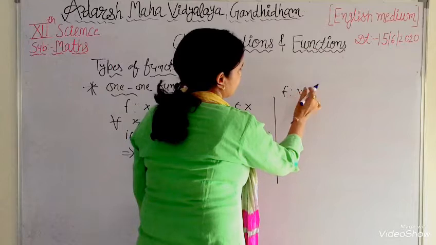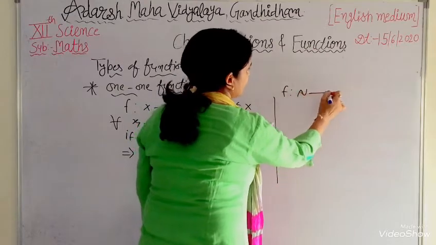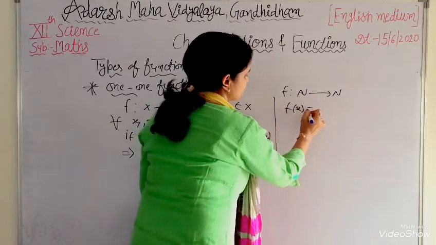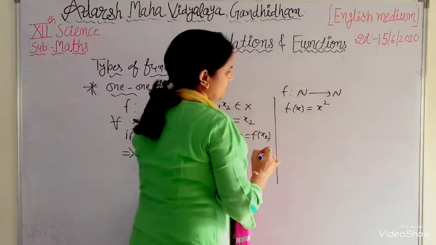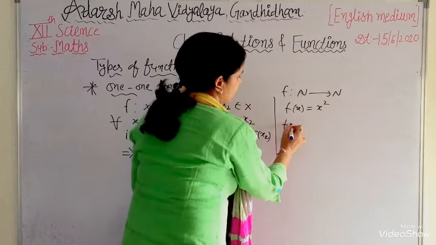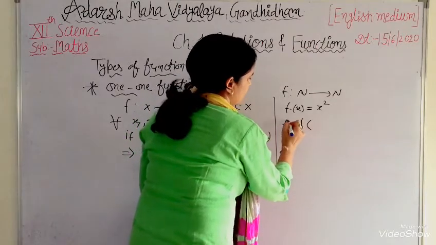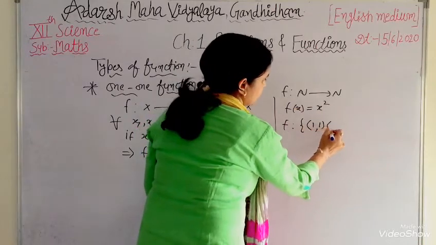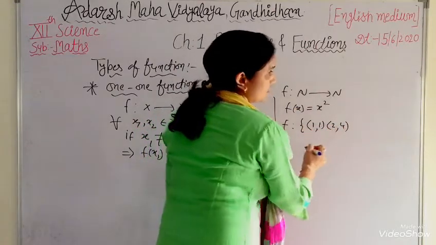Let f be a function from N to N, defined as f(x) is equal to x square. Okay, student? So, I am writing f in listing form. 1's image is 1, 2's image is 4.